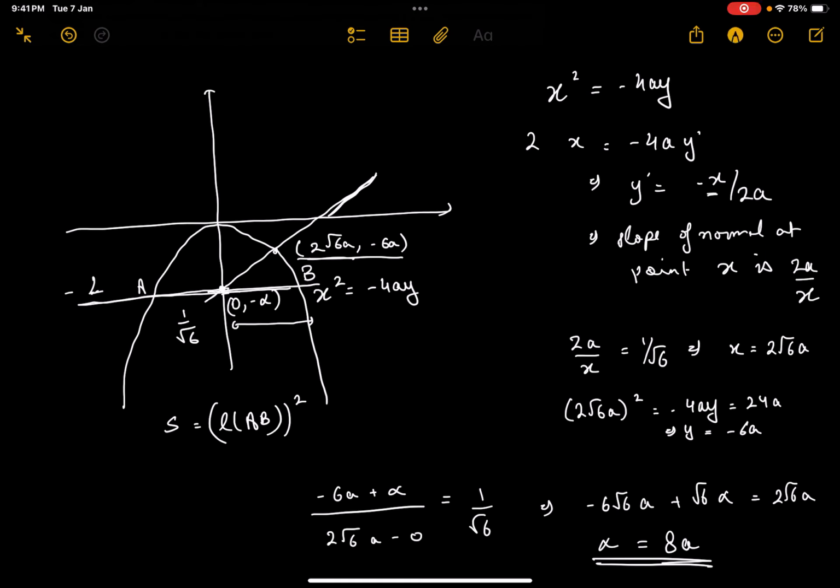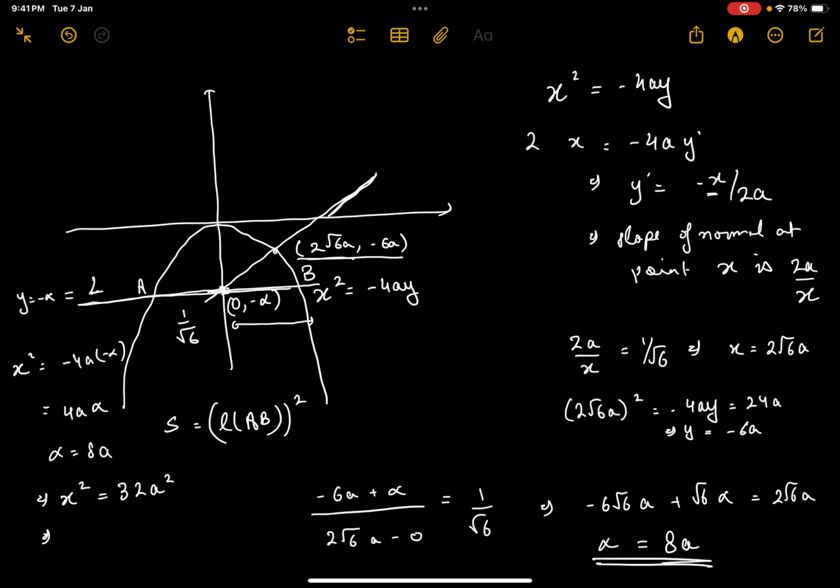The line L simply is y equals minus alpha. That gives us the x coordinate of point B. A and B are given by the equation x squared is minus 4a times minus alpha, which is 4a alpha. We are given that alpha is 8a, which gives us x squared is 4a times 8a, which is 32a squared.